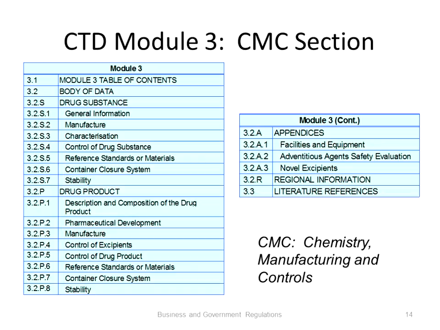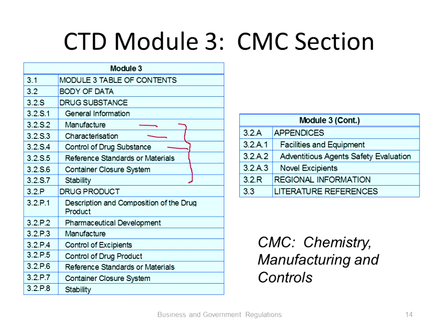Now, last week I told you that you don't have to memorize all the contents of the CMC section, right? But what I do want you to focus on is that you should be able to recognize that these things are part of the CMC section. Generally you're talking about manufacturing, characterization, control of the drug substance.